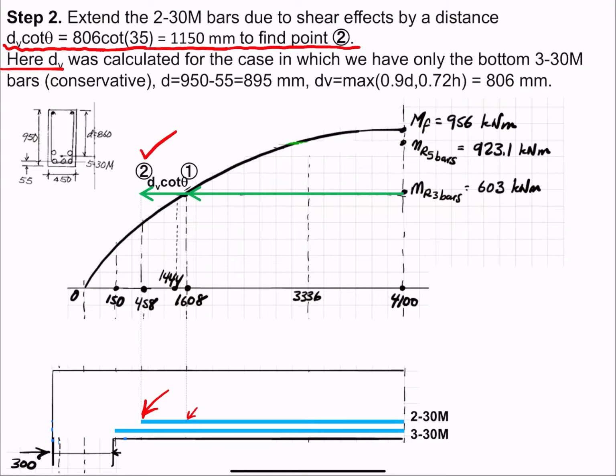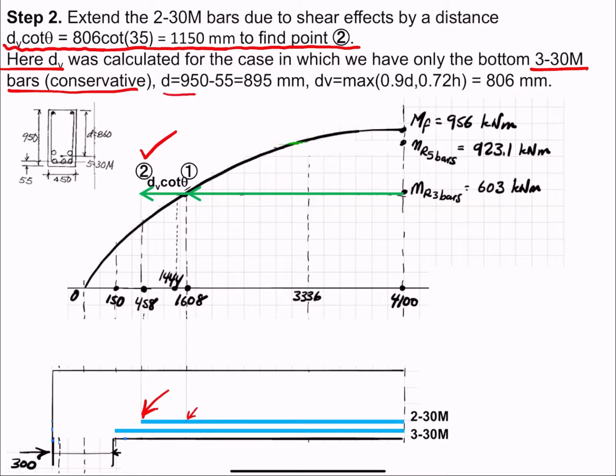In this case, dB was calculated for the case in which we have only the bottom 3 30 bars. This is conservative because dB is going to be larger, and then point 2 will be a bit farther away.